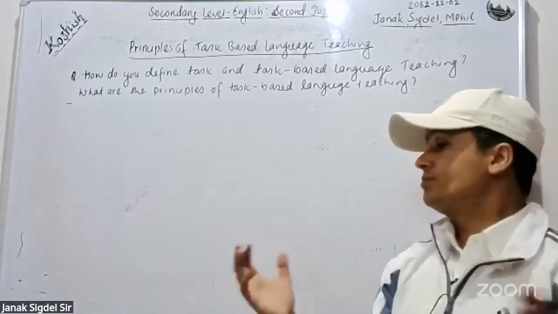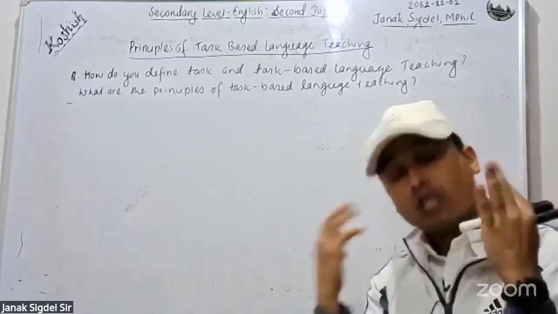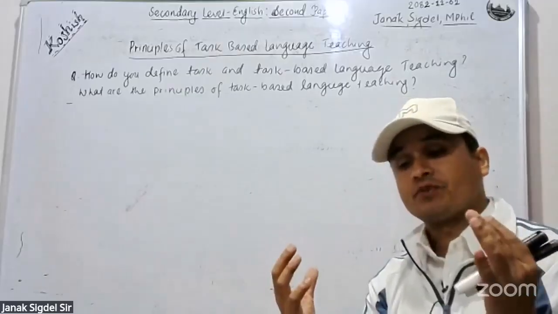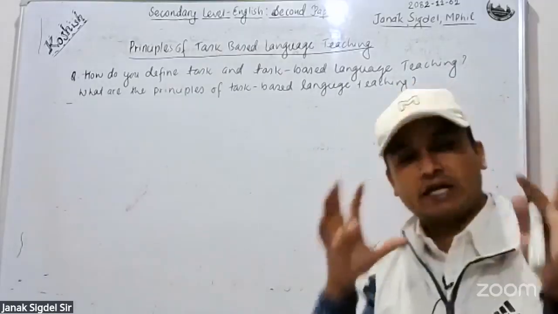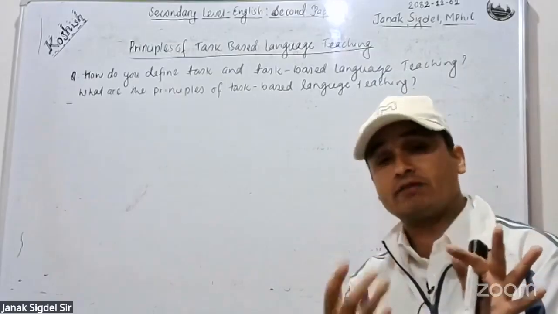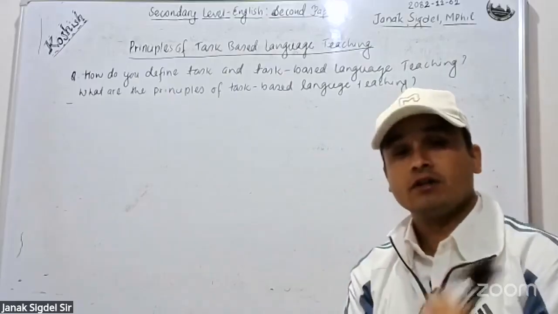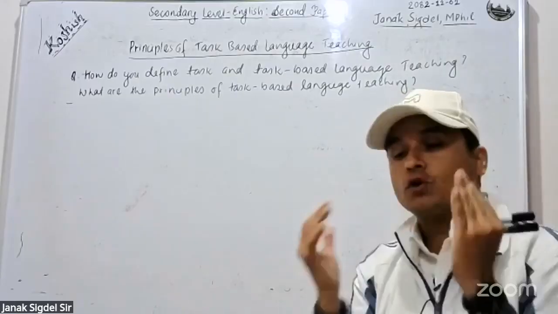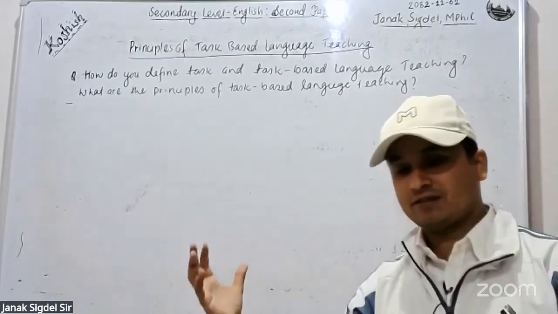And then another principle is the teacher should engage students in negotiating the meaning through collaboration, right? So students have to collaborate for meaning, where the teacher has to encourage them for negotiating, for collaborating. This is another principle.